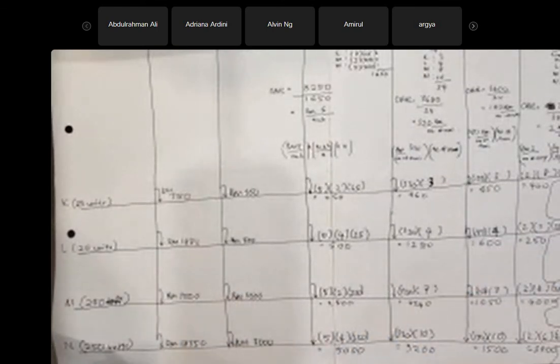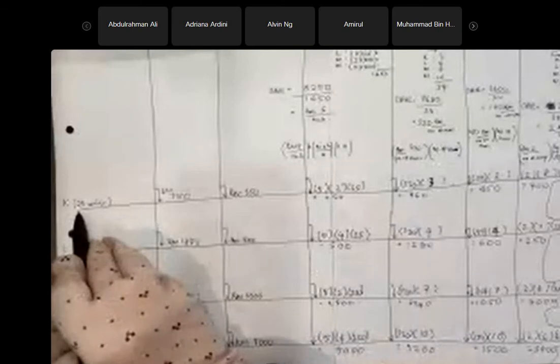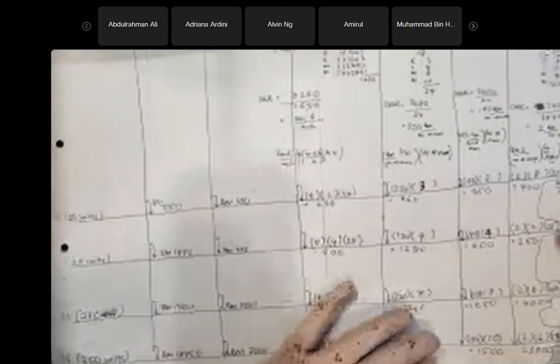Total cost divided by units produced. Good. Total cost divided by the unit, 25 units, so you get 126.4.